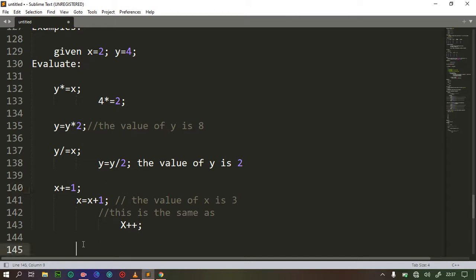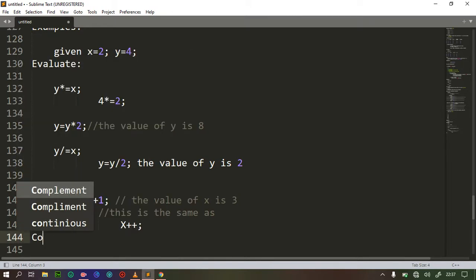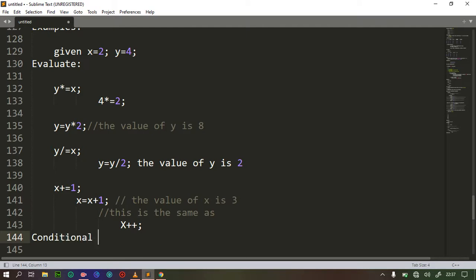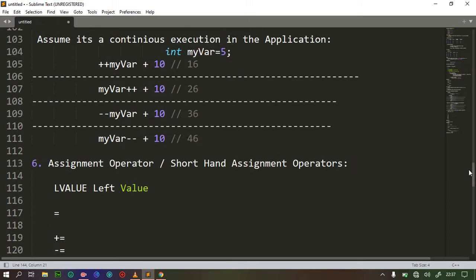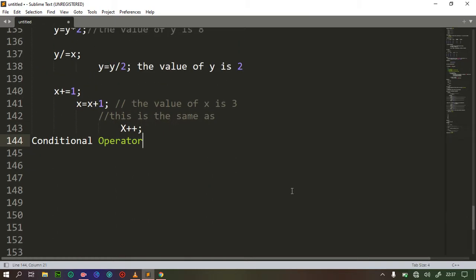Then we have what we call conditional operators. I don't know, I think I've lost track of the types of operators. Last time it was 6, then here we are having 7, the conditional operator. Now the conditional operator is funny, because programming things are always funny. They're about magic and making things happen. What you call the question mark, here we call the conditional operator.